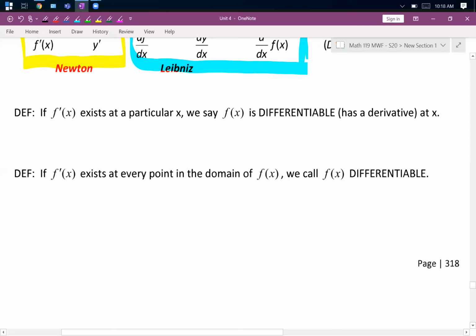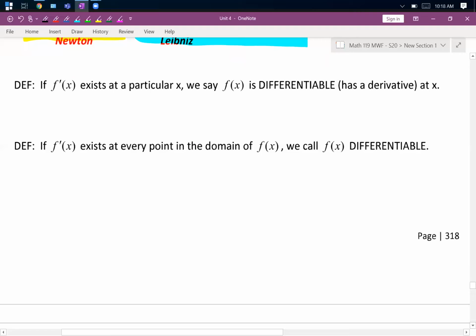So like polynomials, that are nice, smooth, continuous functions, the derivative exists at every point. It's defined everywhere. It's nice. So that whole function is going to be differentiable. Trigonometric functions, rational functions, radical functions, they all fall into this category where their derivative exists at every point in the domain.